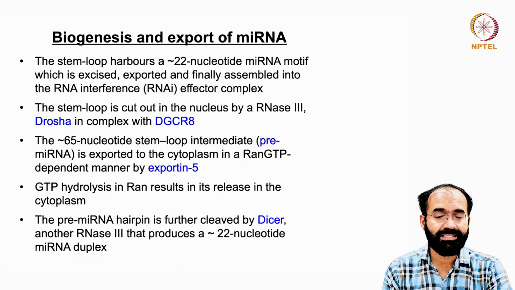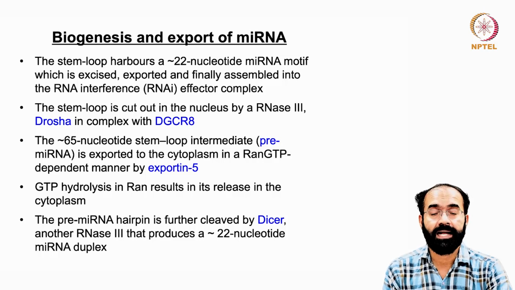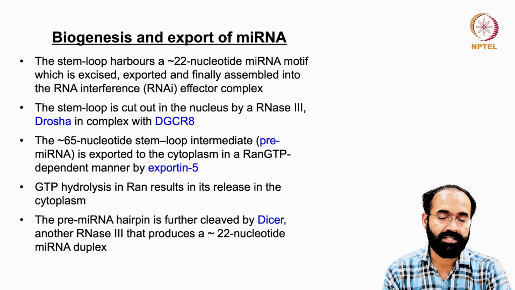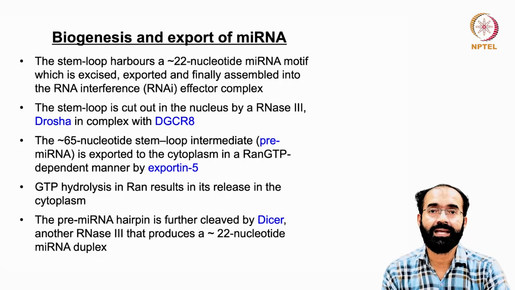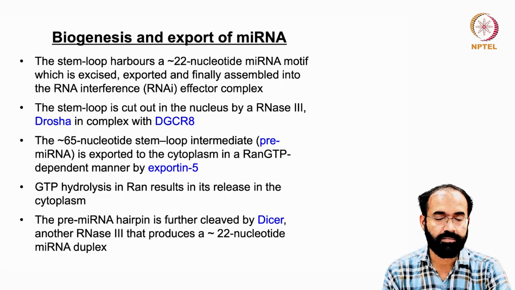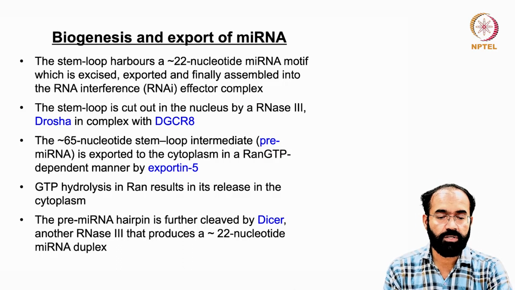The stem loop is cut out in the nucleus by an RNase 3 enzyme, which we call Drosha, in complex with another protein, DGCR8. So remember, the stem loop structured microRNA is acted upon by the RNase Drosha, with the help of the protein DGCR8. The stem loop can be of around 65 nucleotides in length.